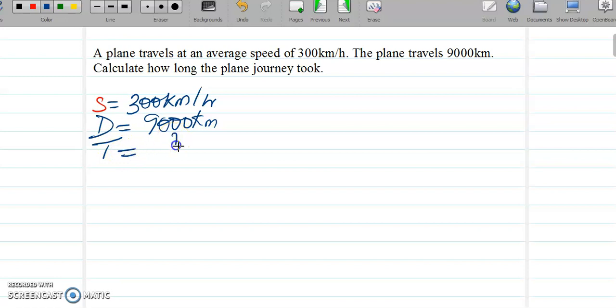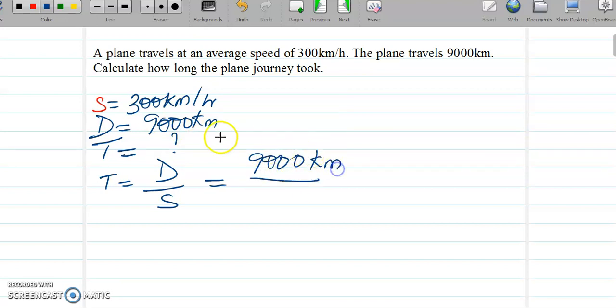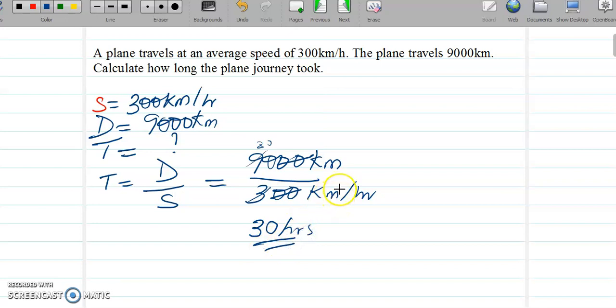So we are looking for time. Our time is distance over speed, and the distance we have here is 9,000 km, while speed is 300 km per hour. So if I divide, 3 into 9 gives me 30. So we have 30 hours, which gives me the time of how long it travels. Okay, so that's 30 hours.